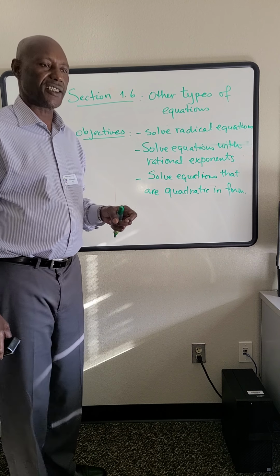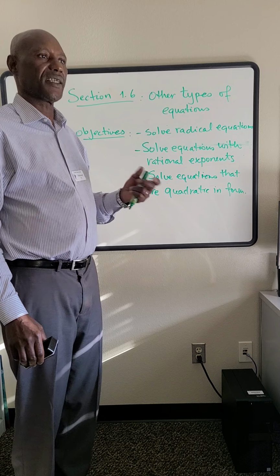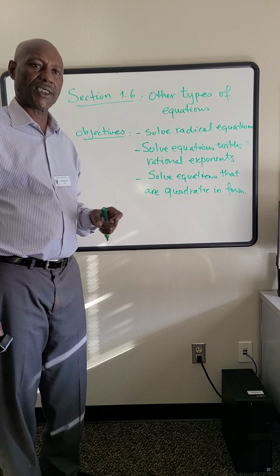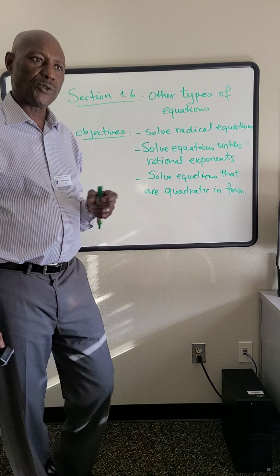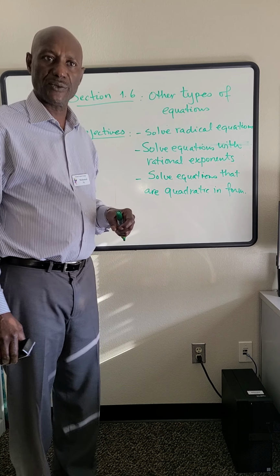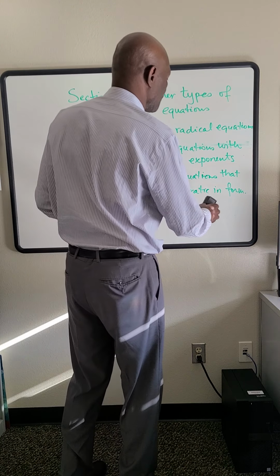Equations with rational exponents are equations where the variable has a rational exponent. And equations that are quadratic in form are equations where, if you do a right substitution, you end up with a quadratic equation. That's why we call them quadratic in form. So let's see an example of each.